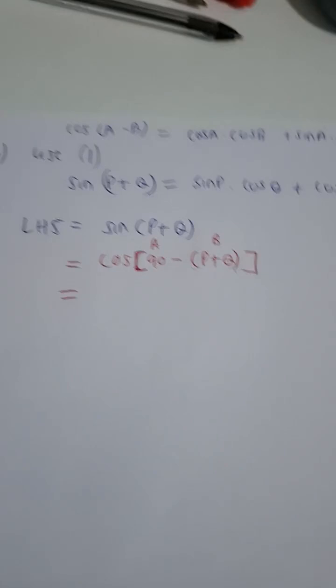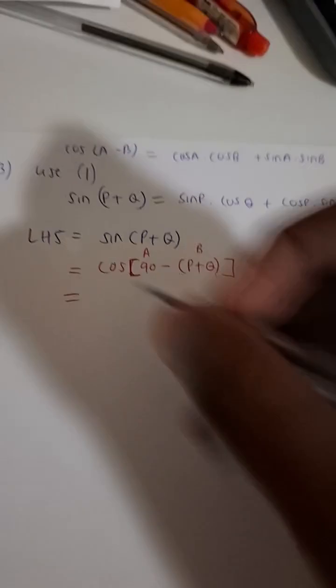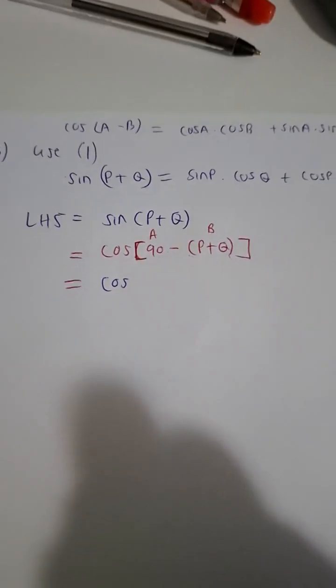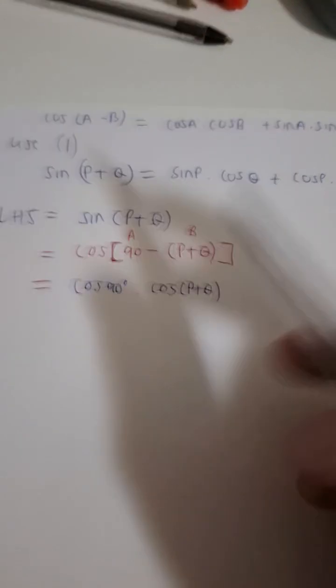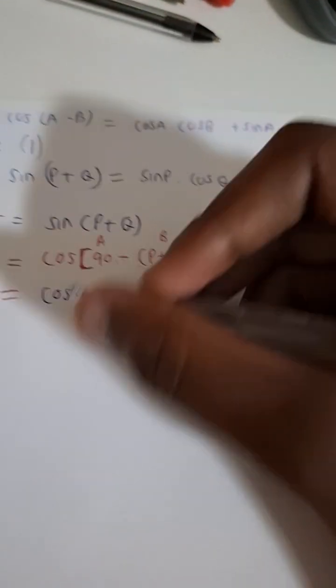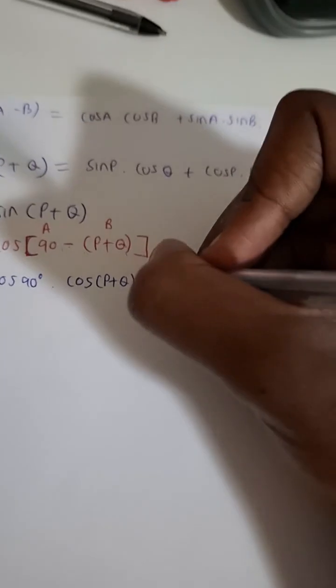Hey guys, I hope you can see this. This here is very important. Now I can use the expansion. So what is the expansion? Cos 90, that's like cos A, cos P plus Q. The P plus Q is like my B. Then remember, for cos, the sign changes. That's plus.